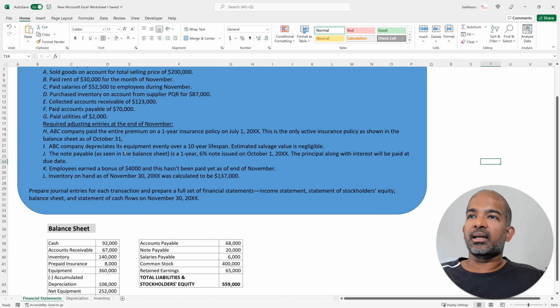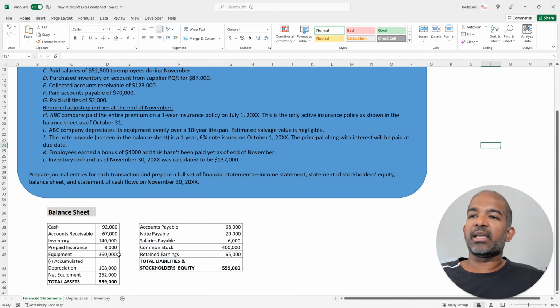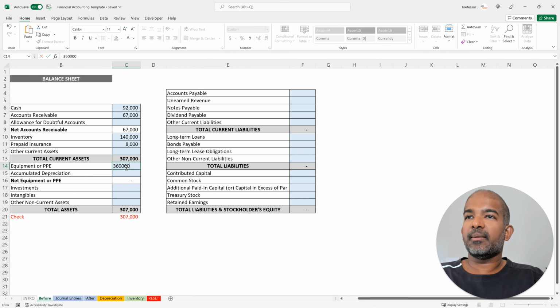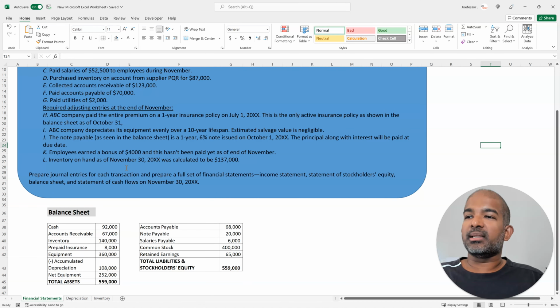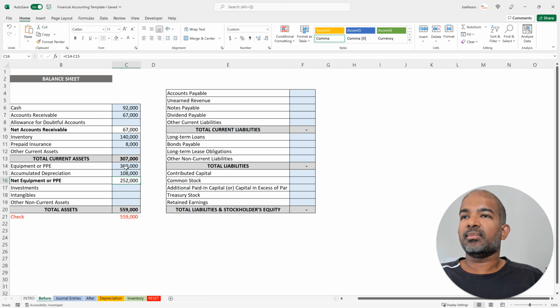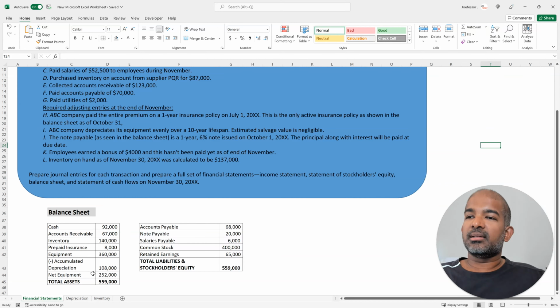And then you have equipment of 360,000, accumulated depreciation of 108,000. Our formula automatically deducts that from the equipment value, so you don't have to reprogram that.